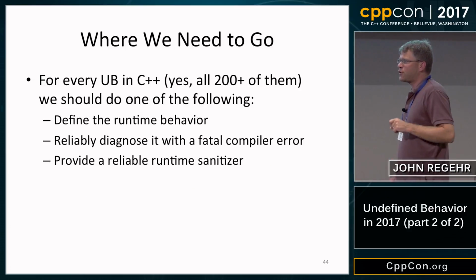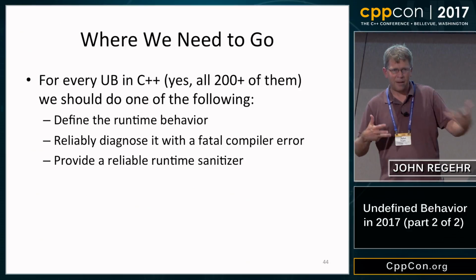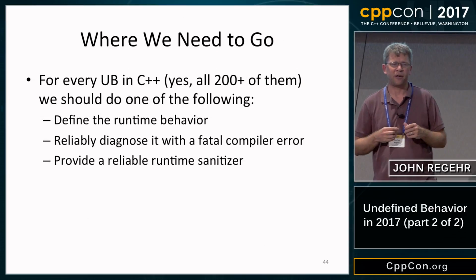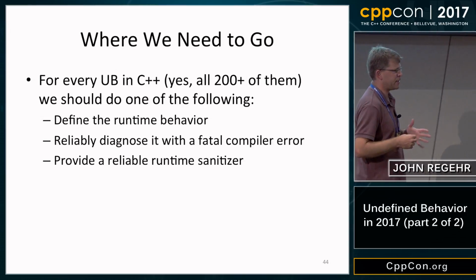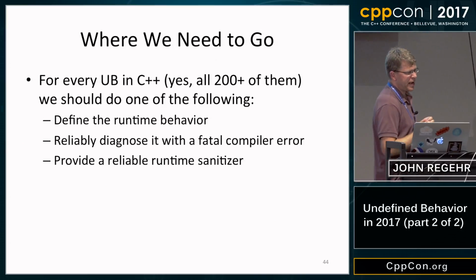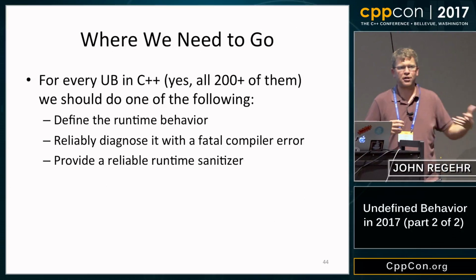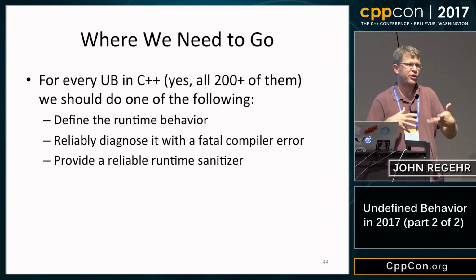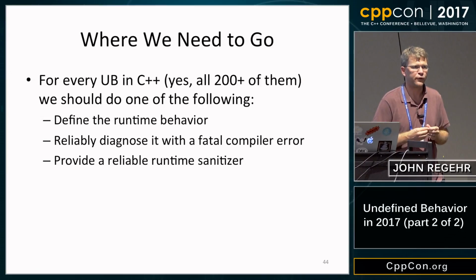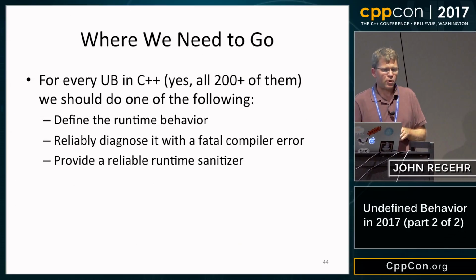Another set of undefined behaviors can be reliably detected with fatal compiler errors. And this is, of course, a perfectly good option because then the software doesn't go out. And then as a fallback, the third place alternative, which is much worse than the first two, is to have a reliable runtime sanitizer.